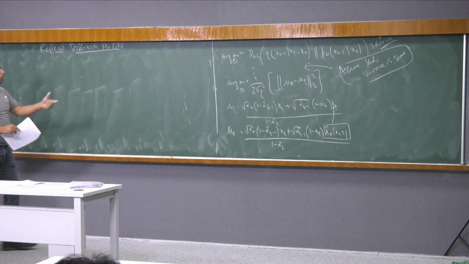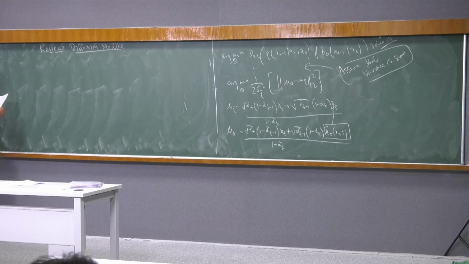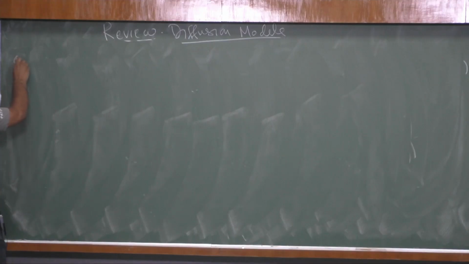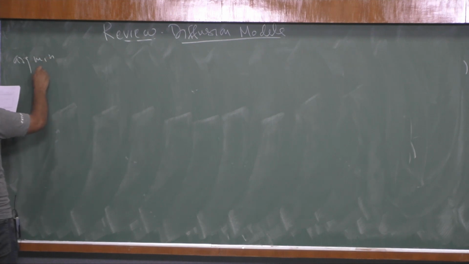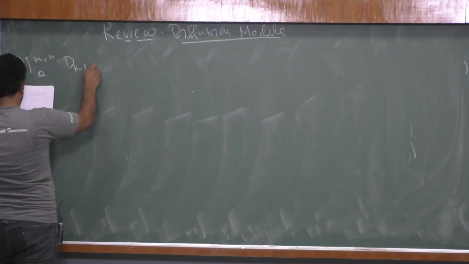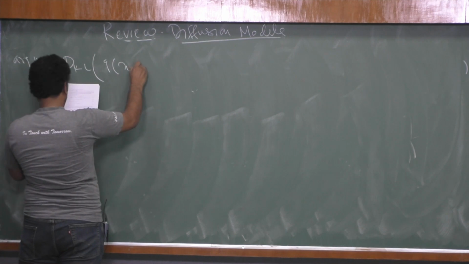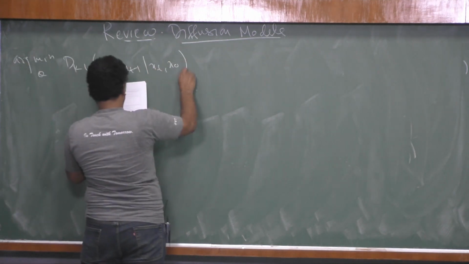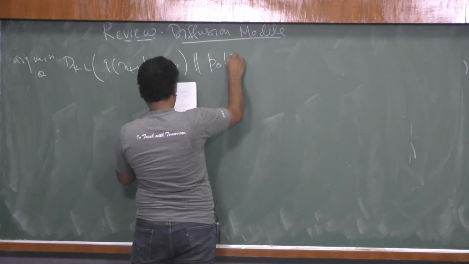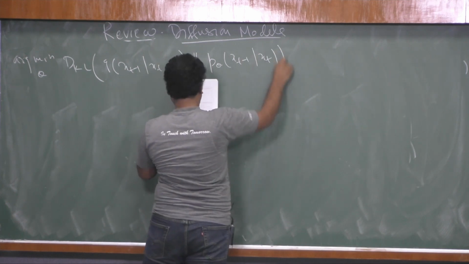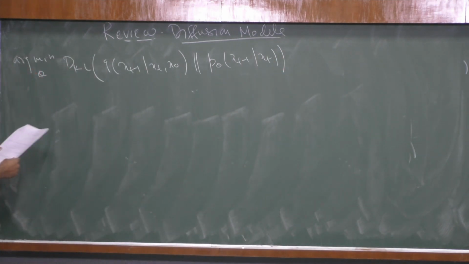Now if I look into this argmin, it came from the KL. So I will write the KL: argmin over theta of D_KL of q of xt minus 1 given xt and x naught, against p theta of xt minus 1 given xt. We rewrote this, and then we know that it was mu theta minus mu q.